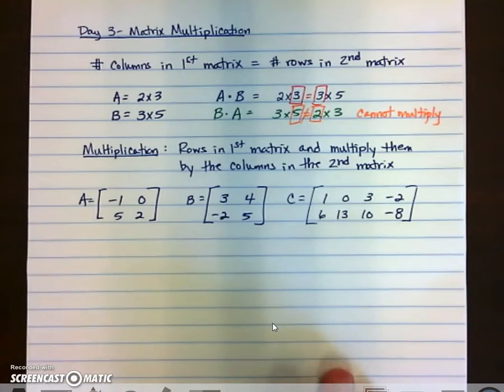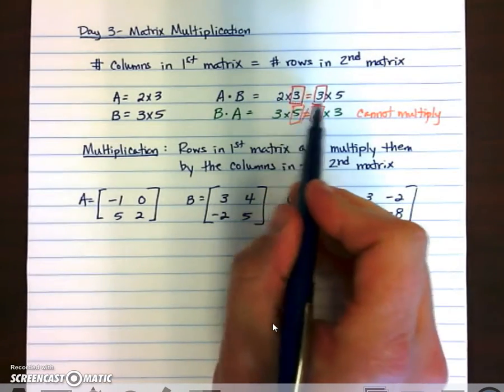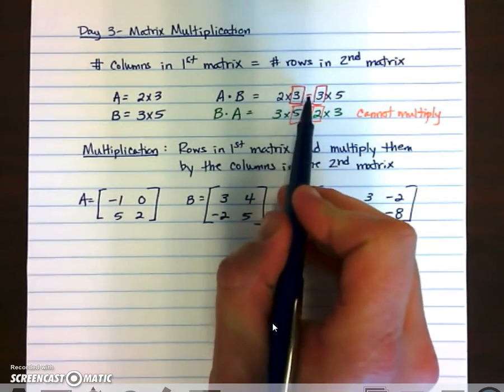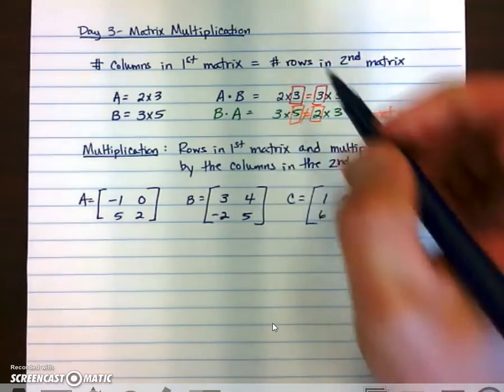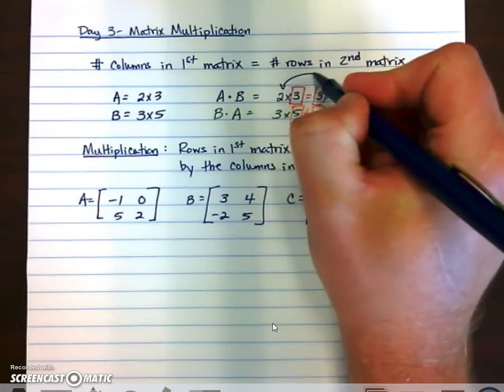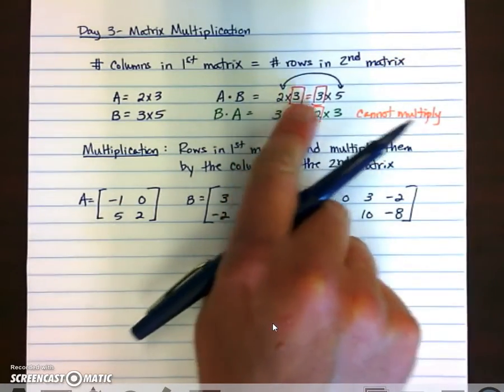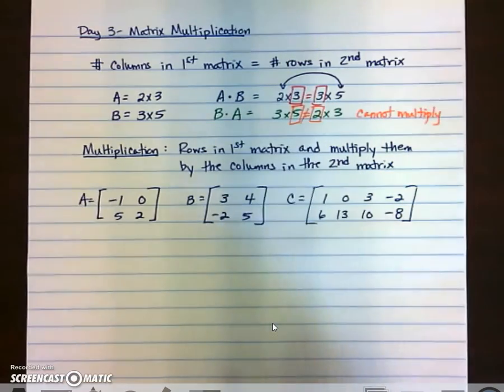Okay. Now one thing I forgot to mention, if you can multiply these matrices, like here with this one we can multiply it, my answer will actually come out to be the numbers that are on the outside. So if I multiplied here 2 by 3 times 3 by 5, my answer would come out to be a 2 by 5. But I'll show you that in just a minute.